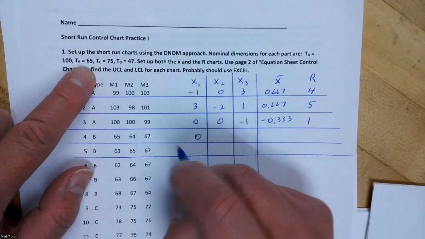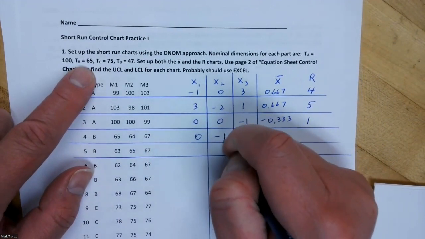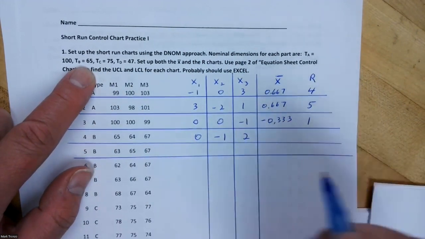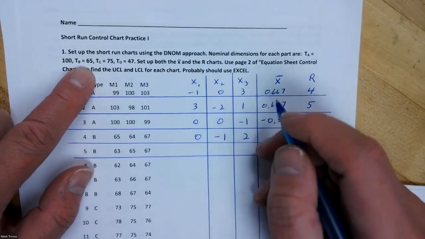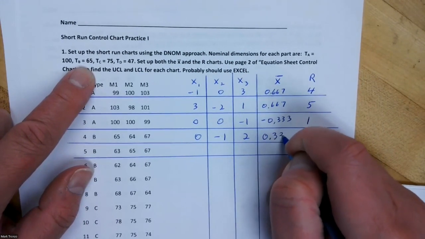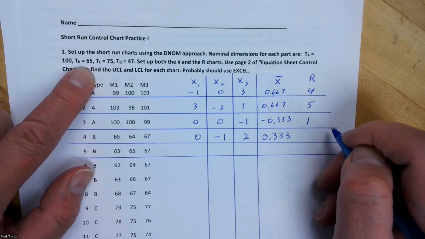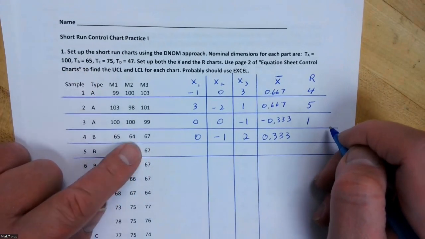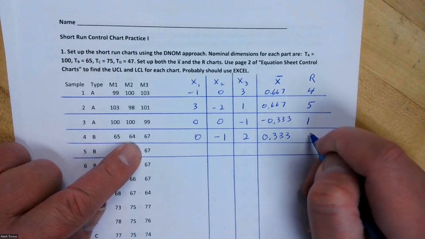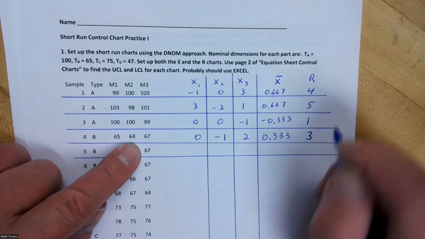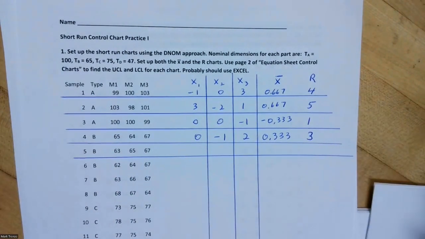So it's 0. This one's 1 below. This one's 2 above. And so that, again, is going to be an average of 1 divided by 3, like this. And then the range looks like 67 minus 64, which is 3. And go on and do it like that.